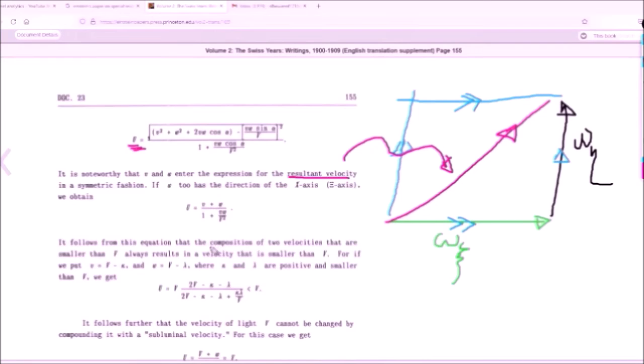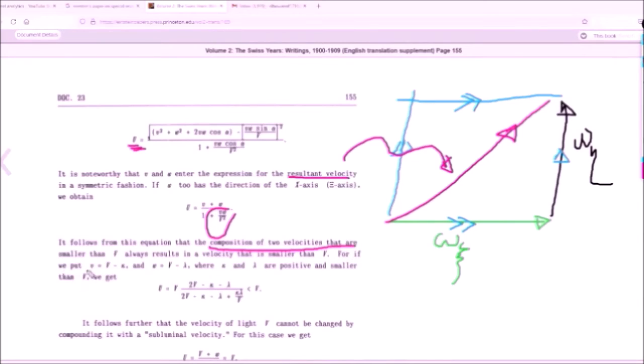The composition of two velocities, which means the sum, always results in a velocity that is smaller than V, because you have to divide by this. You have to have this term in the denominator.